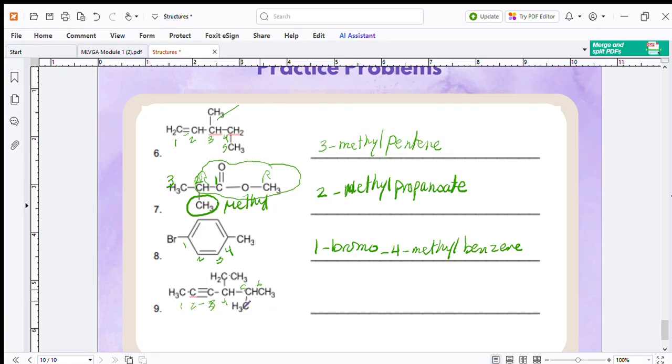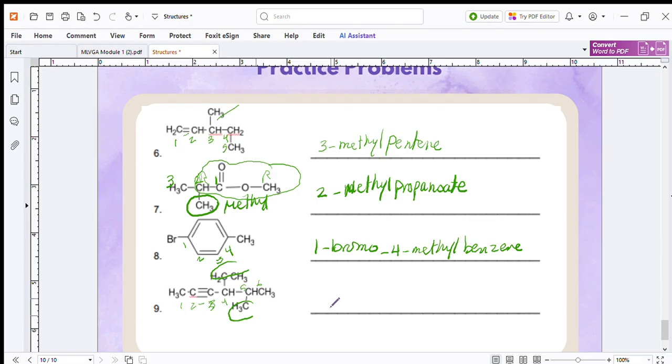So 6 po. Pag 6, it will be hex. So hexyne. That's the mother chain or mother carbon chain. Then we have two branches here. Dalawa po ang branches natin. Dito is ethyl, dito naman is methyl. Ito po ay sa number 4, ito naman ay sa number 5.